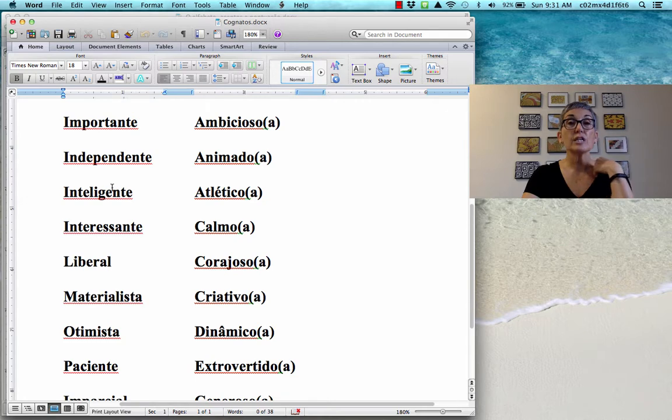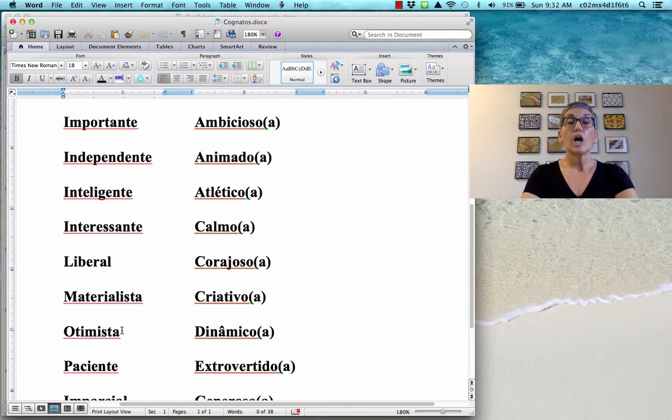Notice that inteligente, be careful because in English there are two L's, in Portuguese it's just one. There are no words in Portuguese that are spelled with double L, ok? Então, interessante, independente, inteligente, interessante, liberal. Notice the pronunciation of the L at the end of the word, okay? It's not L, it's U, okay? Liberal.